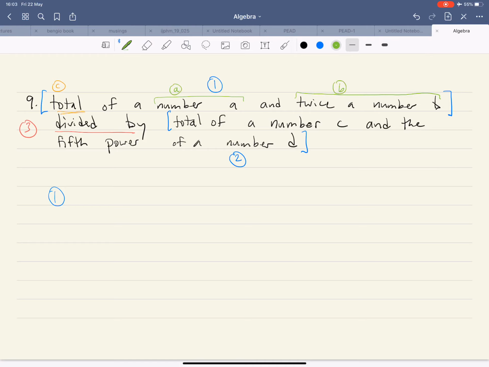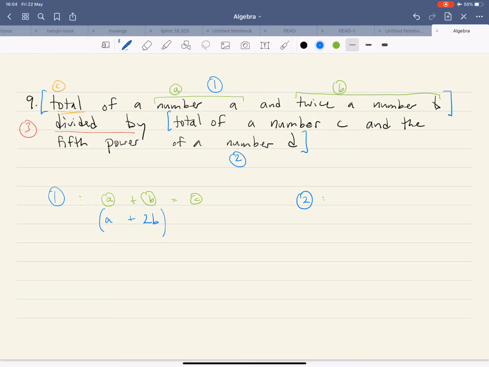So my phrase number 1 is going to be A plus B. Okay, so A was just the number A, and B is twice a number B, so that's 2B. Okay, so my sub-expression number 1 is going to be this A plus 2B.